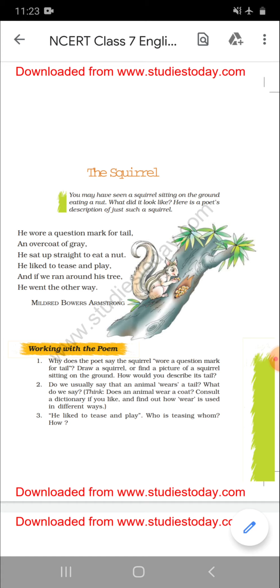Then the author goes on to describe the playfulness of the squirrel and how the squirrel goes about to eat his nut, sitting up straight and teasing and playing. And when the author attempted to run around the tree of the squirrel, the squirrel went the other way.